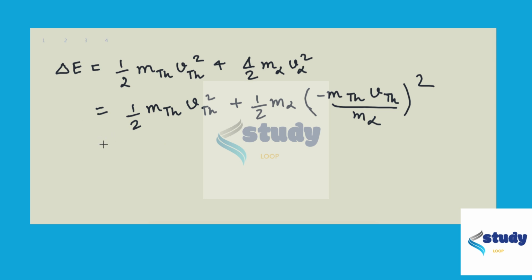Let's put all of this together, and if you simplify, what you are left with is m thorium V thorium square times one plus m thorium over m alpha.